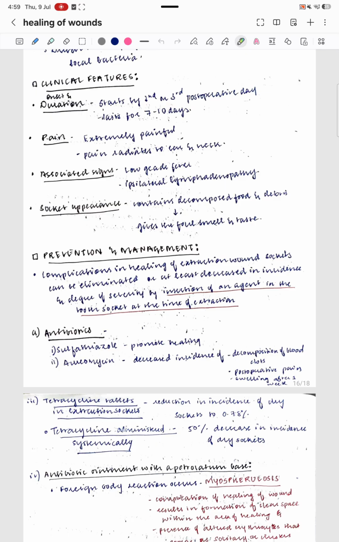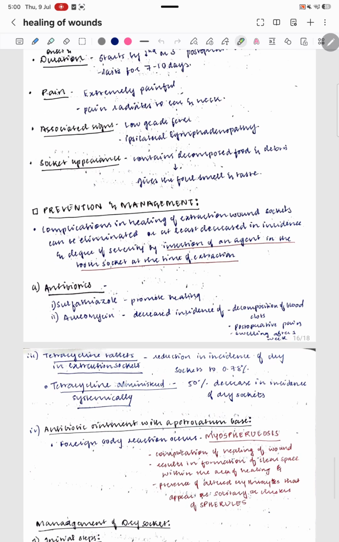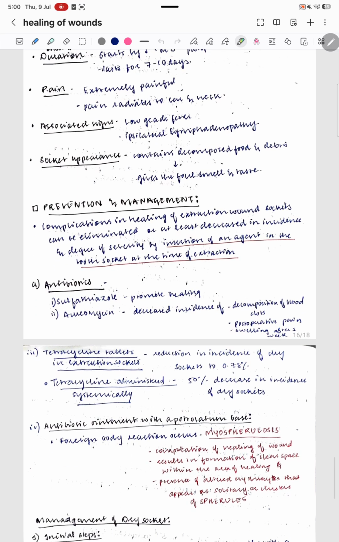Then pain: it is extremely painful. Pain radiates to the ear and neck. The associated signs are low-grade fever and ipsilateral lymphadenopathy. The socket contains decomposed food debris and gives a foul smell and taste.